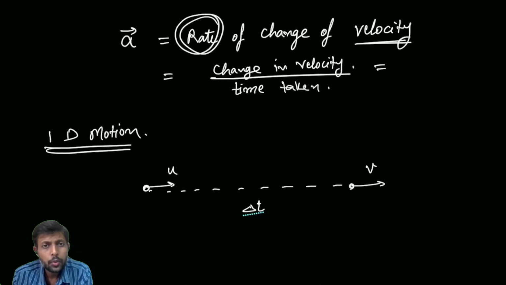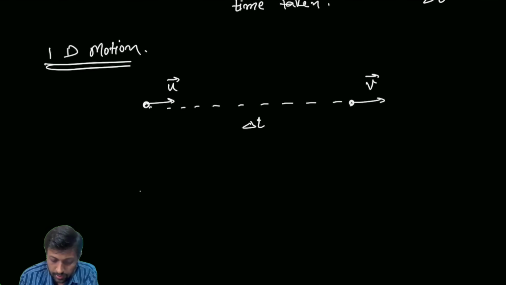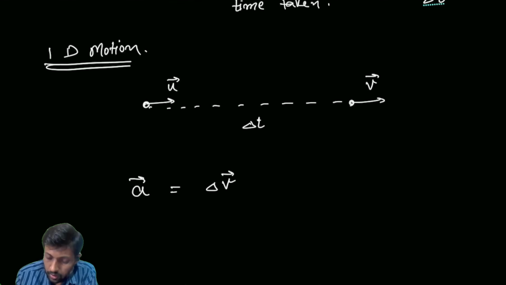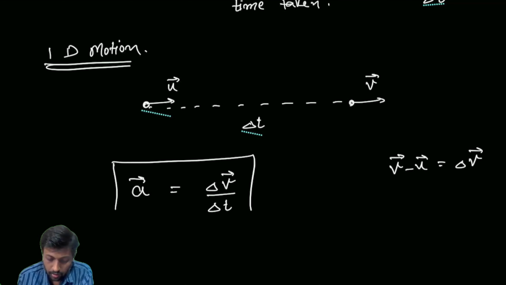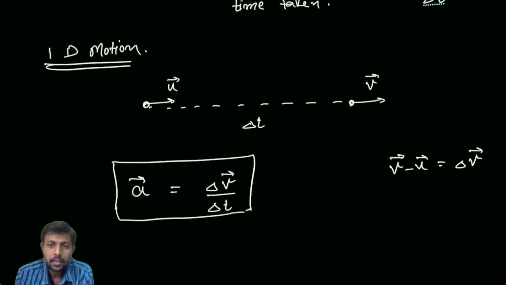The change in velocity would be written as final velocity minus initial velocity. So in this case, v minus u upon delta t. Thus, acceleration gets defined as delta v, because v minus u is nothing but delta v, the change in velocity, delta v by delta t. This is how we define acceleration.